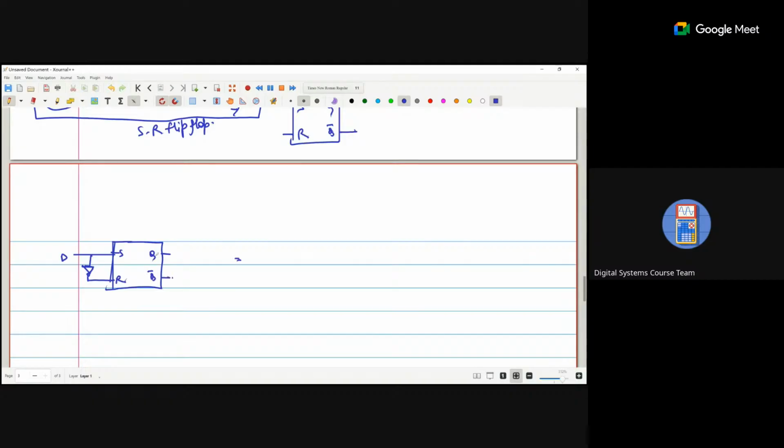Or we can implement it with the JK also, because JK and SR, the intermediate stays the same. So J, K, sorry, D, D bar, Q and Q bar.